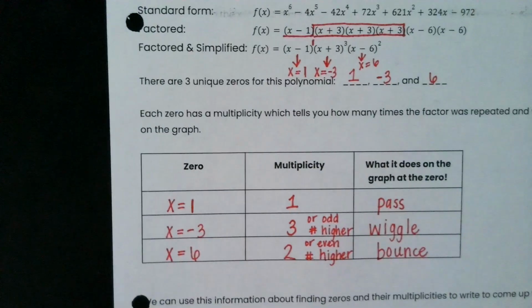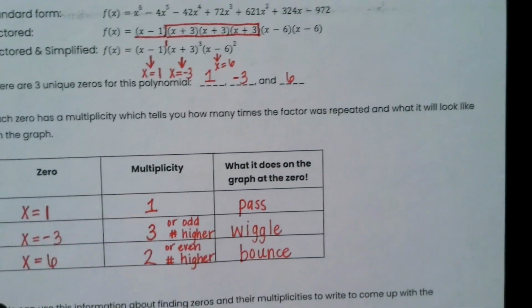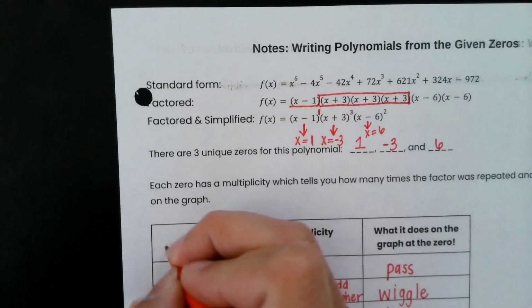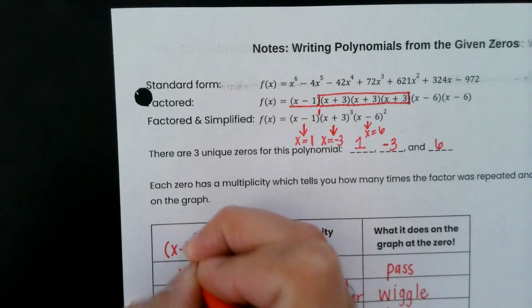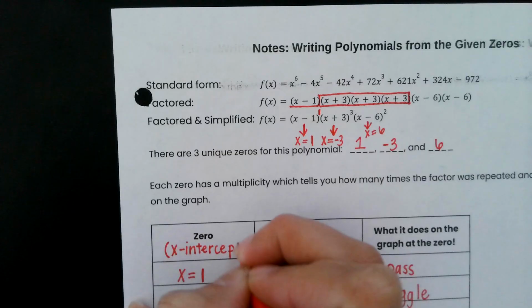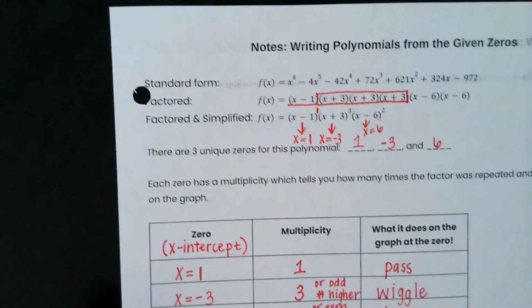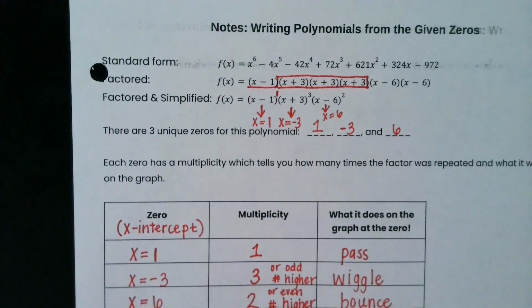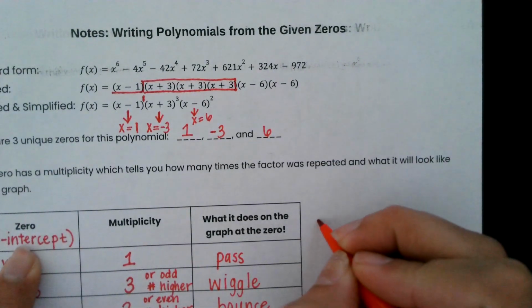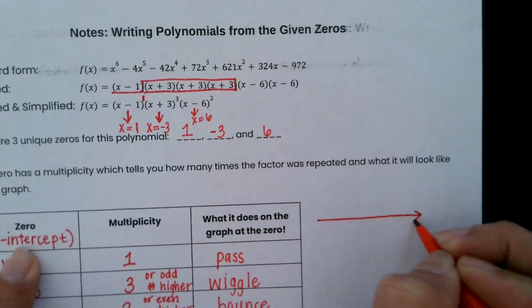Now let me show you what they look like. As a reminder, a 0 is the same thing as an x-intercept. They could say, what is the 0? Or they could say, what is the x-intercept? That's the same thing. An x-intercept is a point that is on the x-axis of a graph.